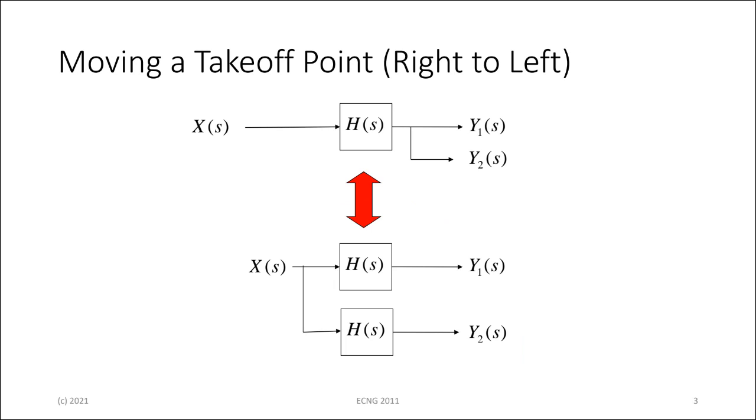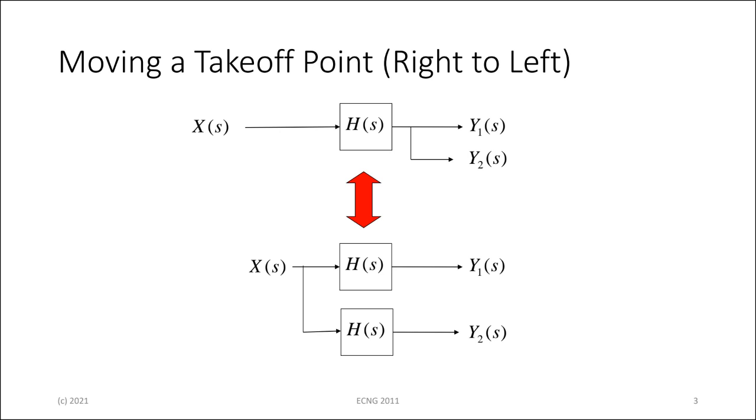So the first thing we need to know how to do is what happens when you move a takeoff point. If I have a takeoff point after the block, X is coming into block H, and out of it are Y1 and Y2. In this case, both Y1 and Y2 are equal.